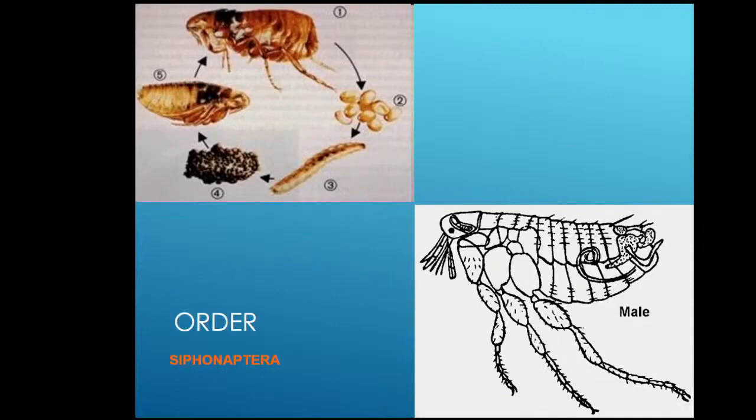These are temporary human ectoparasites. For fleas, indirect development with complete metamorphosis is characteristic.